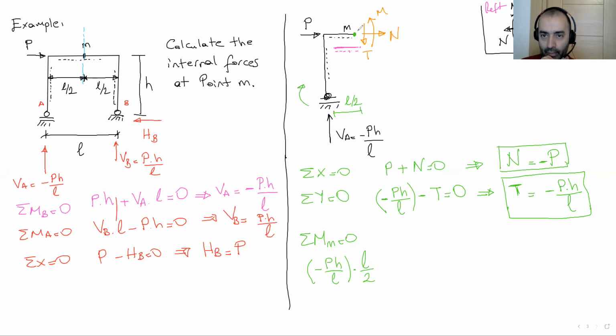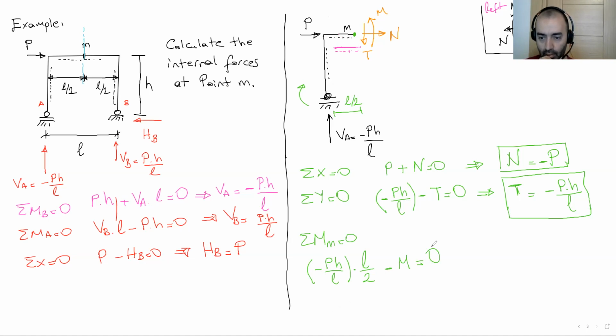At point M, we have a moment, which is our internal force, and it turns the system in the opposite direction. So it's minus M equals 0.